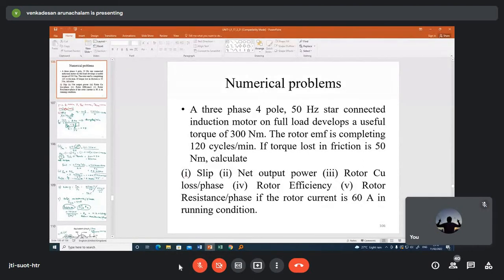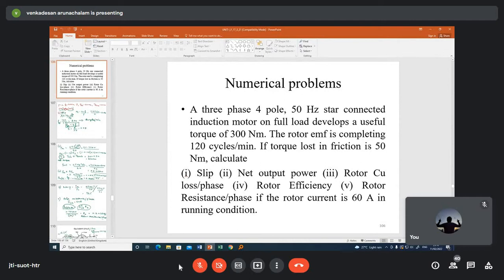So first you write the given data. P is equal to 4, F is equal to 50 Hz, which is star connected, and useful torque of 300 Newton meter. Useful torque means it is the shaft torque that is only useful to us, or it is the final output torque.